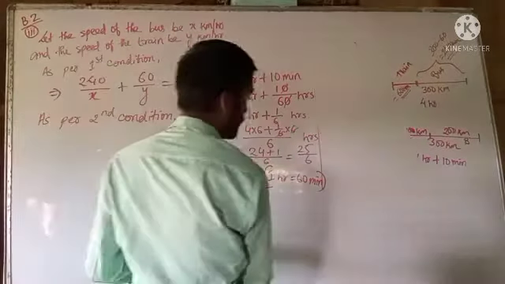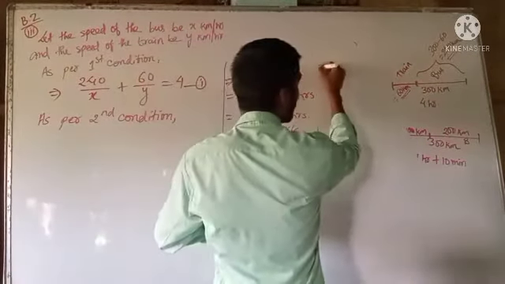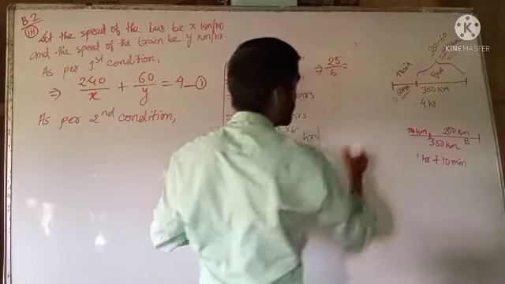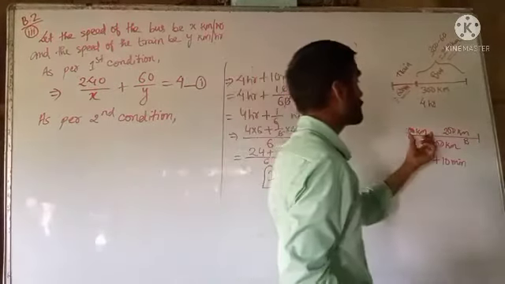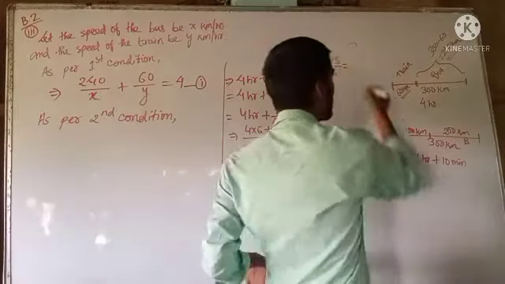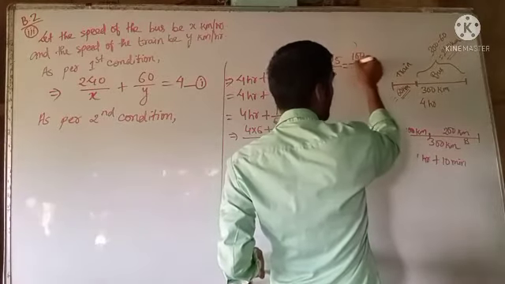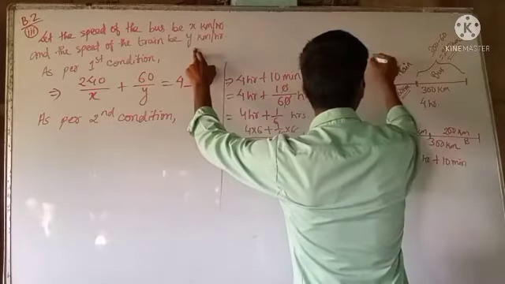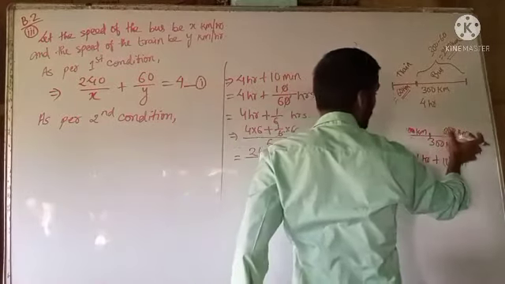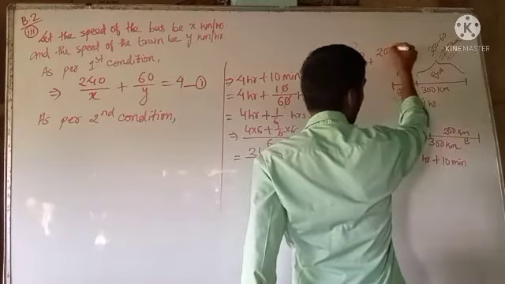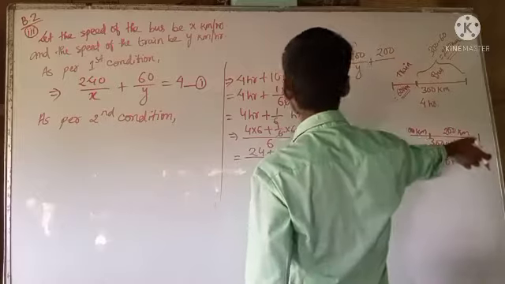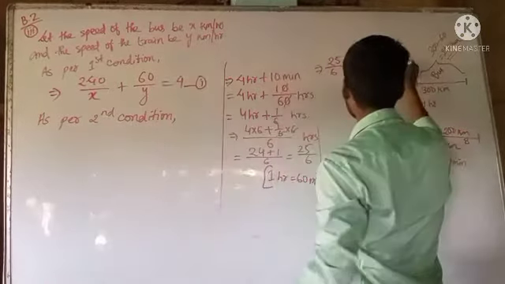So now let us frame this. She is taking 25 by 6 hours, and the distance covered by train is 100 km. So the distance 100 divided by the speed of the train y, plus again the distance covered by bus 200 divided by the speed of the bus x km/h.